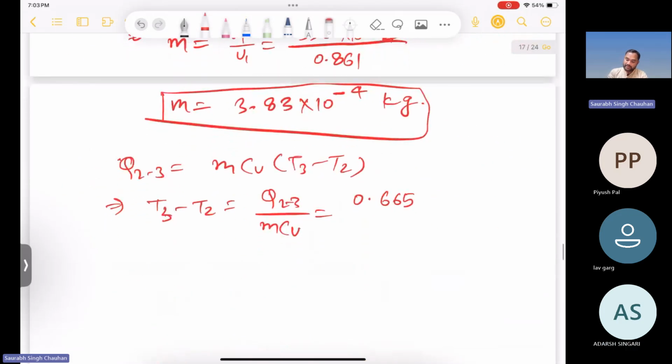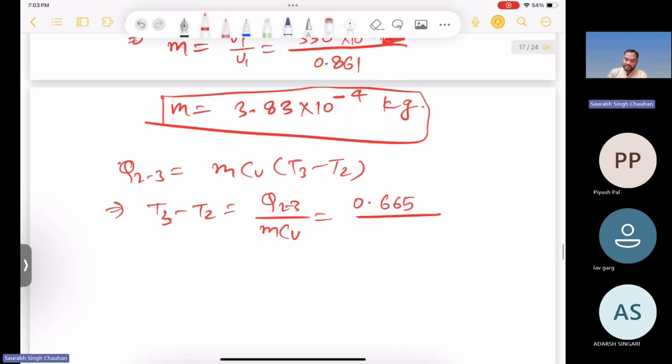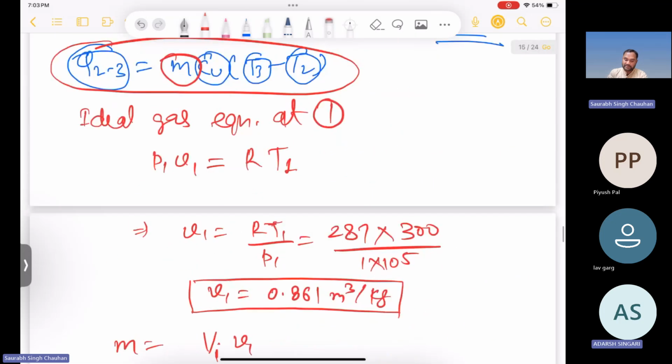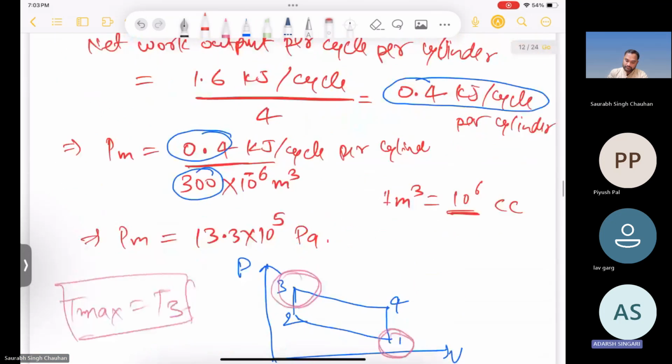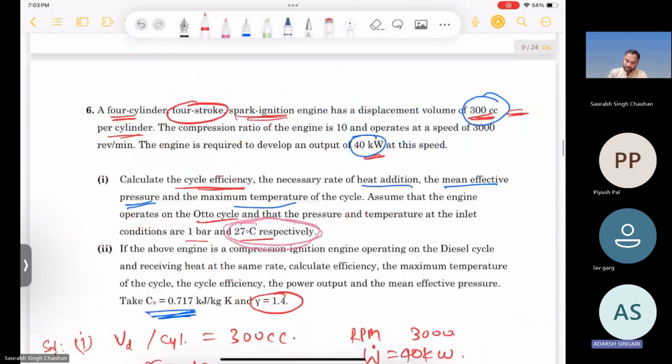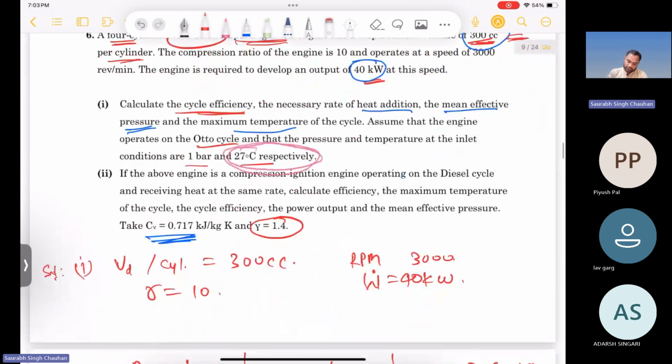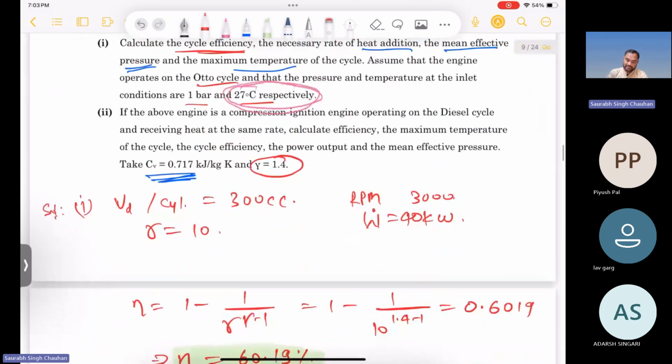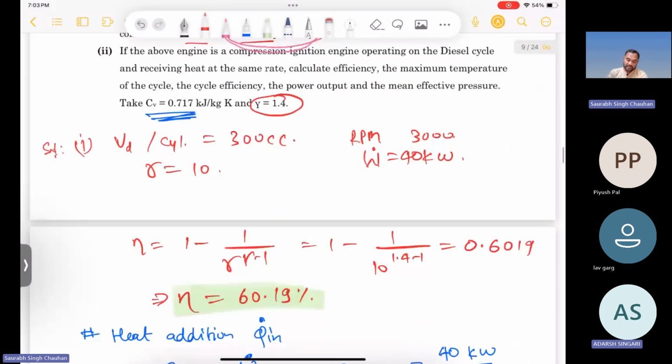So 0.665 divided by mass, 3.83 into 10 to the power minus 4 kilogram, divided by CV, which was given in the question as 0.717 kilojoule per kg Kelvin.